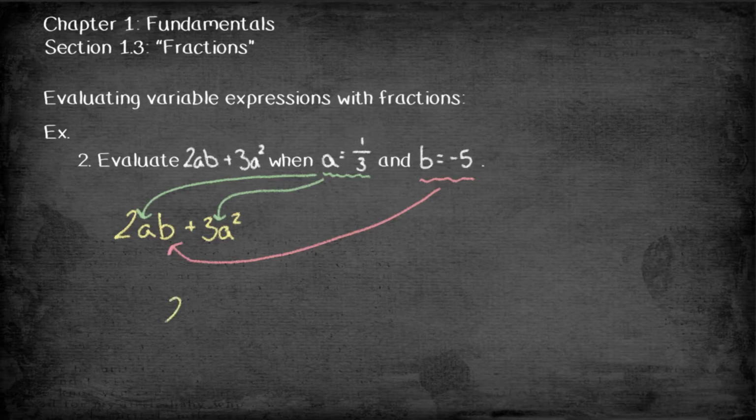Okay, so 2 times 1/3 times negative 5 plus 3 times 1/3 squared.